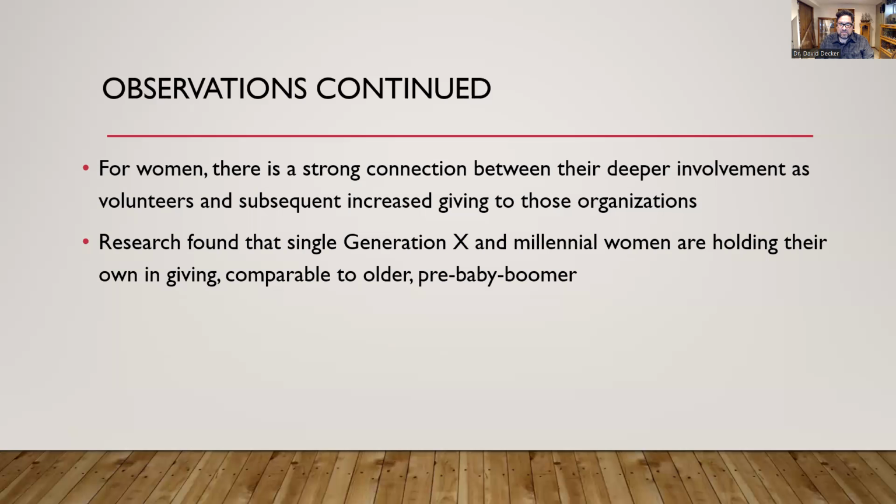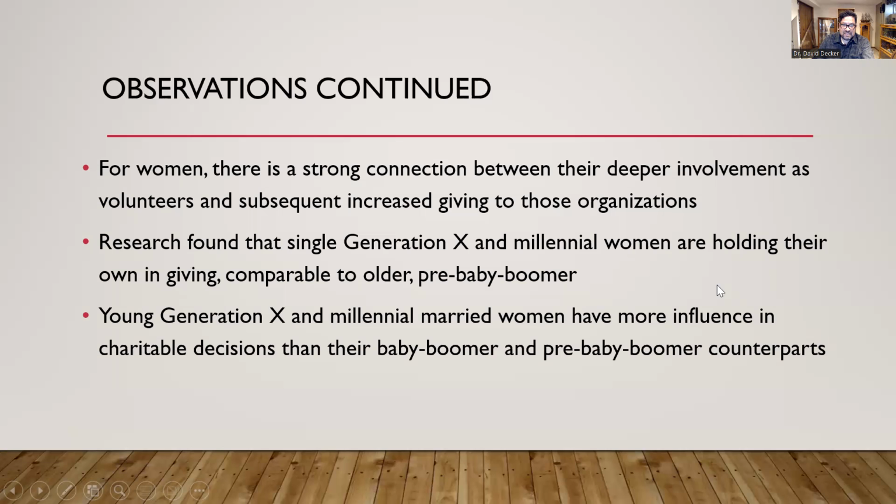Older generations are more established in their life, maybe their kids have graduated, and so they seem to have more income. But statistically, they perform just as well as Generation X and millennials. Now, not in terms of total dollars that they're giving, but in terms of how many gifts they give. Are they giving, period? And Generation X and millennial women are just as charitable, even with less income, than pre-baby boomers and the baby boomers.